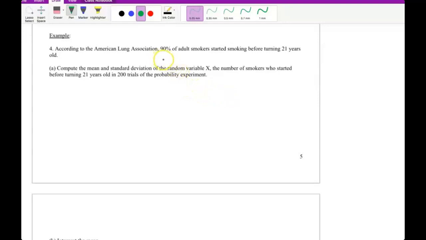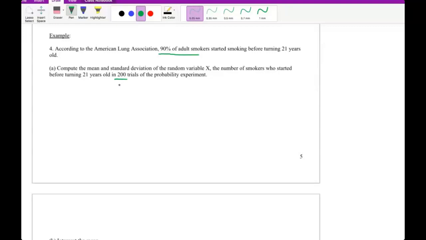So according to the American Lung Association, 90% of adult smokers started smoking before turning 21 years old. So part A, compute the mean and standard deviation of the random variable x, the number of smokers who started before turning 21 years old, in 200 trials of the probability experiment.